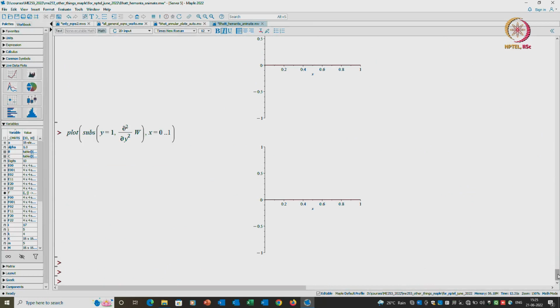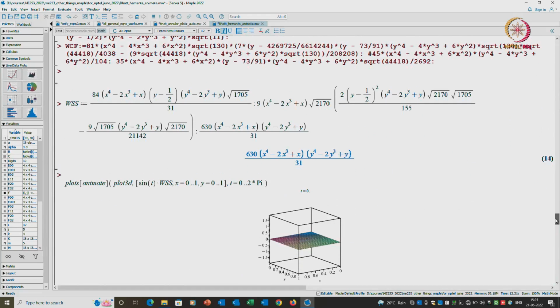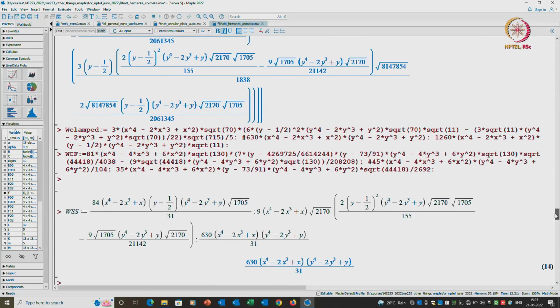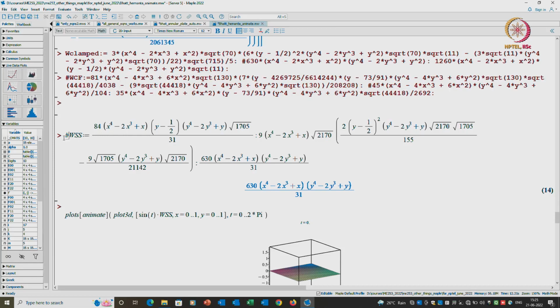okay. So, now if I go to this point here, as I said, I have already programmed it, okay. So, if I comment this and comment this, here we have clamped. So, there is one term, two term, and okay.